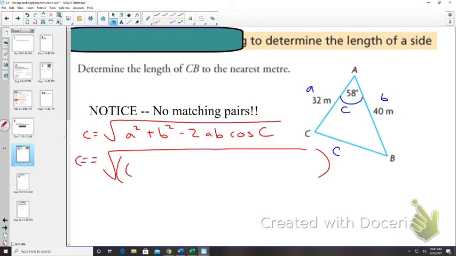So my A value is 32, so 32 squared, plus B, which is 40 squared, minus, now we want to minus this entire term, so I'm going to put a bracket there, and then 2 multiplied by A, which is 32, multiplied by B, which is 40, multiplied by cosine of C, so cosine 58. Now I need to close that bracket.